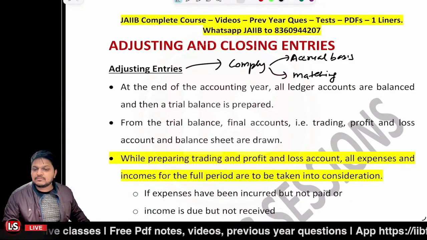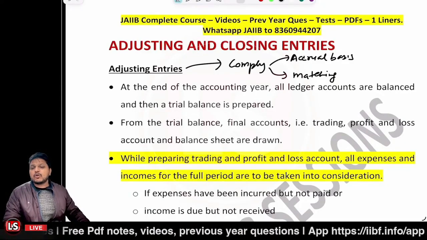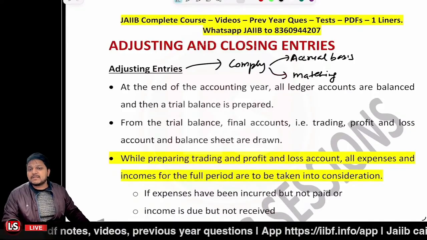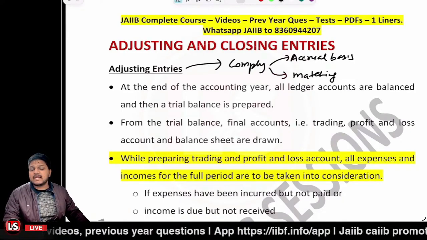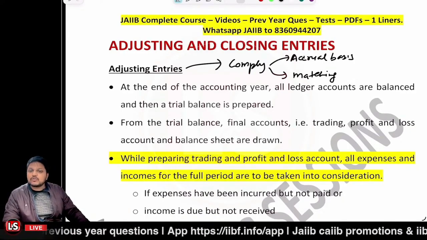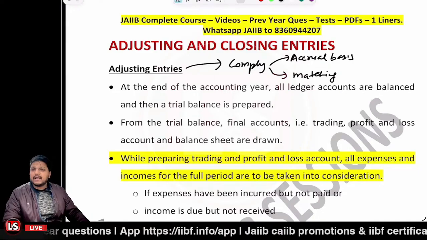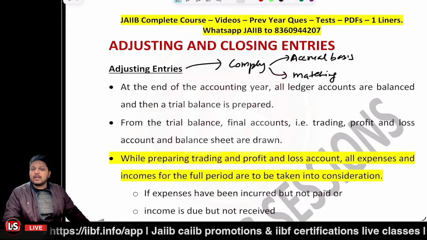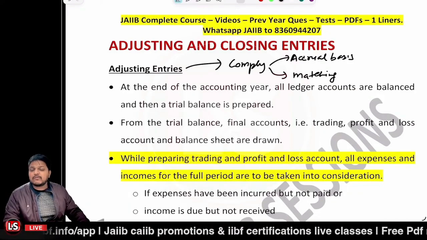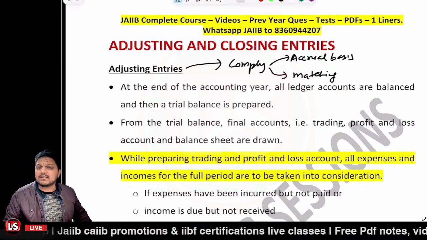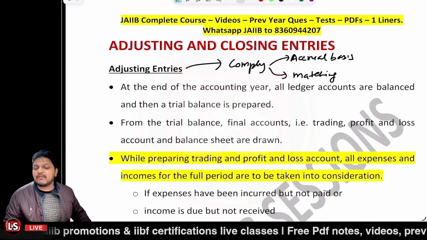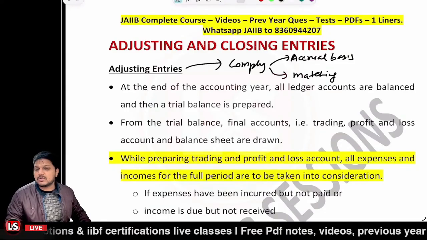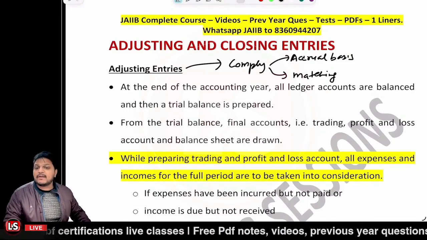Okay. So the adjustment entry we talk about could be related to outstanding expenses, expenses that have been incurred but have not been paid so far. And it could also be related to prepaid expenses, like you have already paid the rent in advance. For that scenario also the adjusting entries are to be passed.